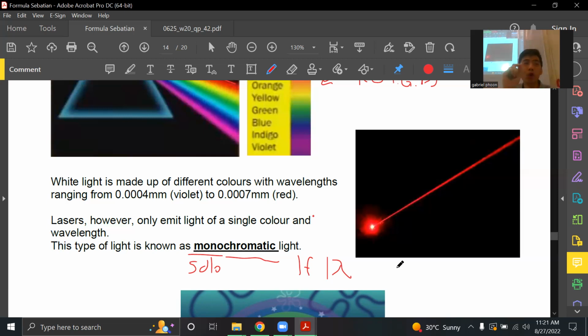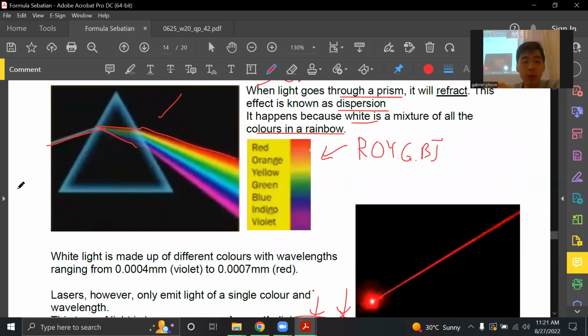Guys, monochromatic, if they ever ask you this, you need to answer them. Monochromatic light is light with single frequency and single wavelength only. Meaning, if today I were to shoot a red laser here, it will not go through dispersion. It will only go through refraction.